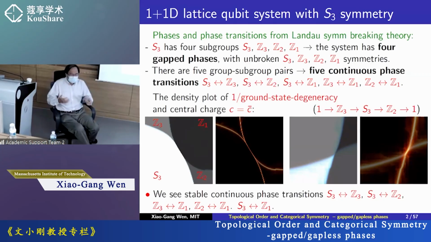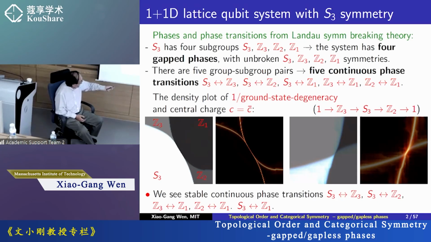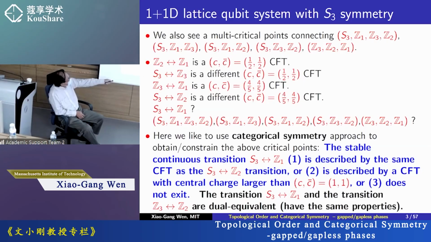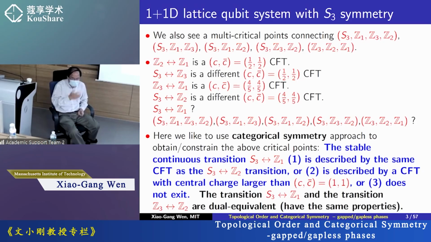But I think probably this one is indeed a multicritical point connecting four phases, and those are multicritical points connecting three phases. So then we have a rich issue of what the CFT of those multicritical points is.